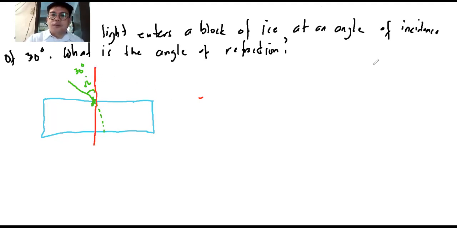And what are we solving for? The angle of refraction. So our formula, class, is sine angle i over sine angle r is equal to n2 over n1.